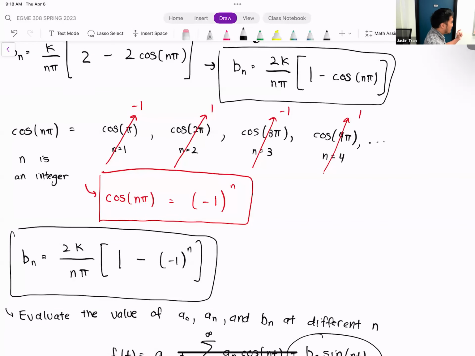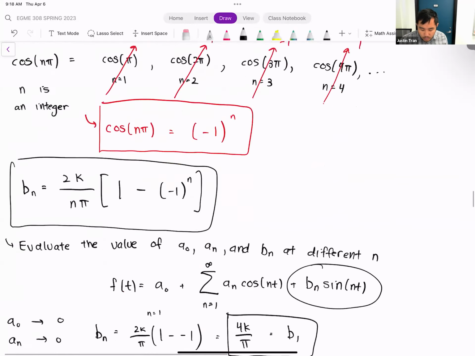Hopefully you're starting to see a pattern here, where either the a's are going to be non-zero or the b's are going to be non-zero. For the last example on Tuesday, the b_n was non-zero, but the a's were 0.